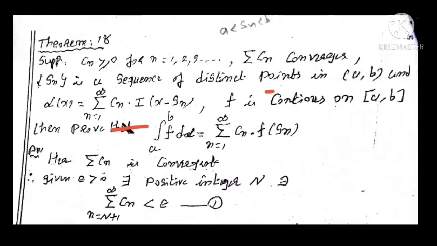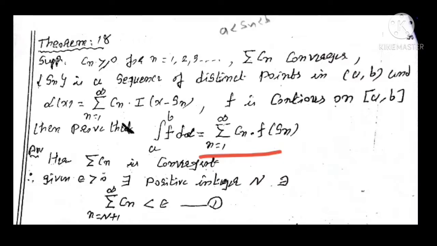Then prove that RS integral of f with respect to alpha on closed interval [a, b] is equal to sigma n is equal to 1 to infinity Cn into f of Sn. Let's see the proof.